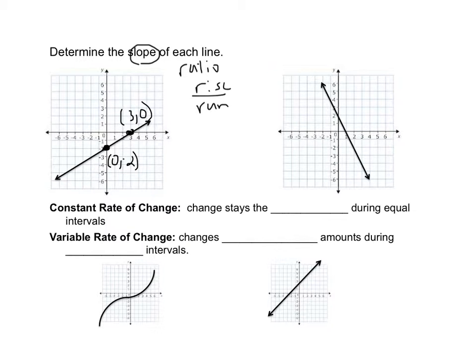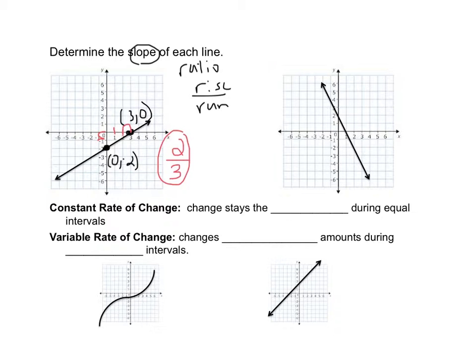I'm going to start at my first point and count how many it would take to get up to our next point. So in this case, we're going 1, 2 steps up. So our rise is 2, and then our run is 1, 2, 3, because it's over 3. So our rise is 2, our run is 3, so our slope is 2/3.